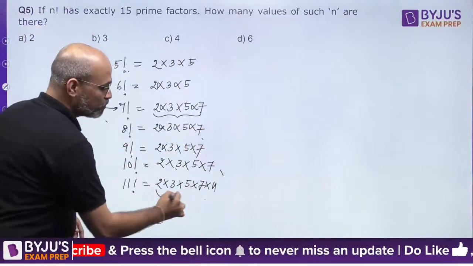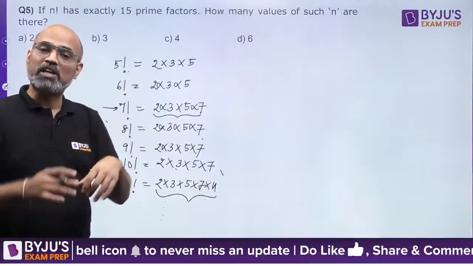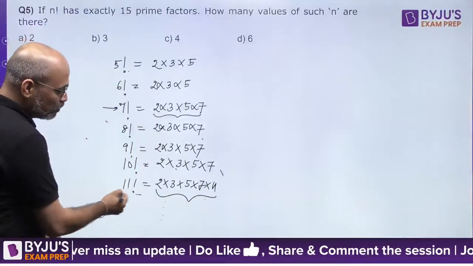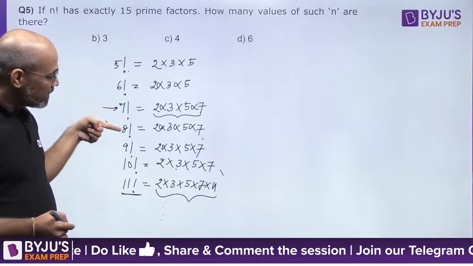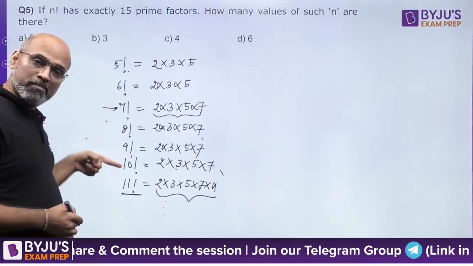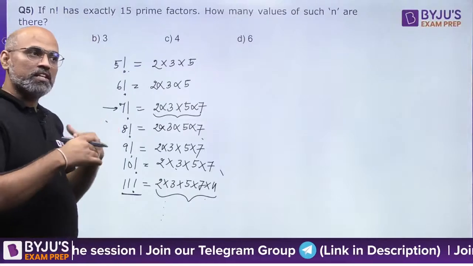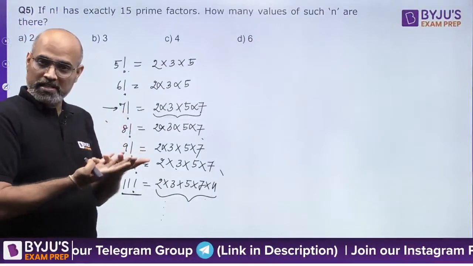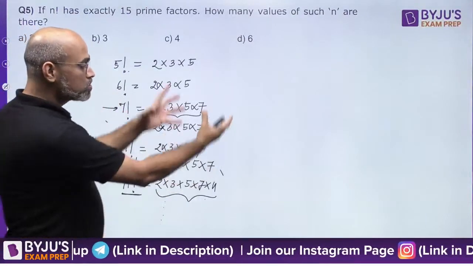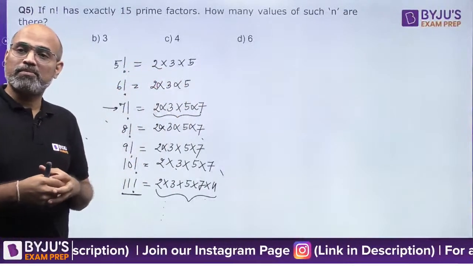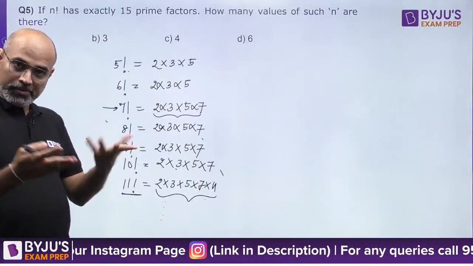When will the number of prime numbers increase? By the time you reach the next prime number. 8 is not a prime number, 9 is not a prime number, 10 is not a prime number. So obviously when a new prime number is included, that prime number goes into the prime factorization, it increases the number of prime numbers, right?